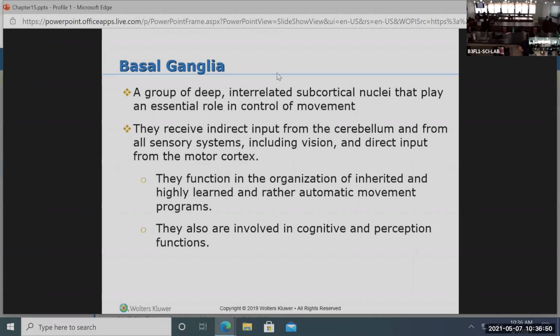They function in the organization of inherited and highly learned, rather automatic movement programs. That's why we get trained. They are also involved in cognitive and perception functions. So the higher the basal ganglia function, the more advanced, smarter, and more responsive the person is.